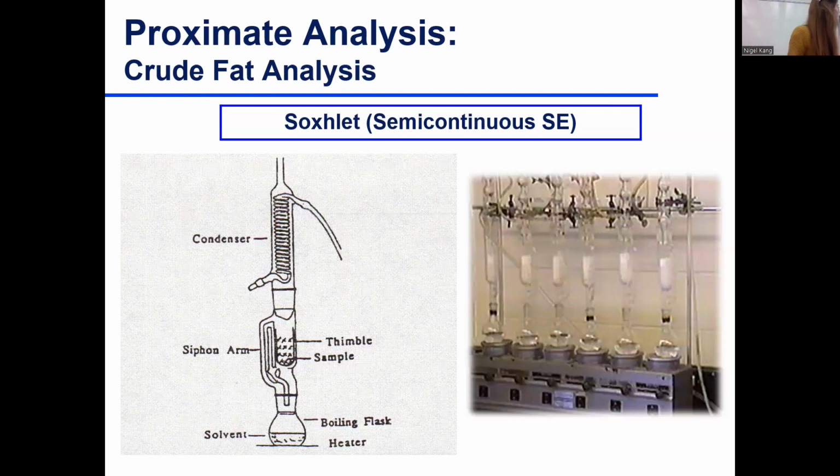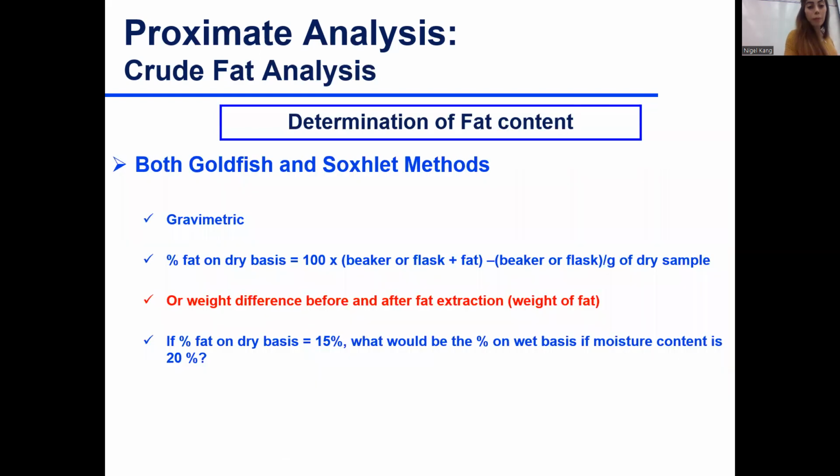It's a semi-continuous method. Your sample should be dry. It's an AOAC method. Both these methods are gravimetric methods. And with Soxhlet, it takes between 5 to 8 hours to complete.